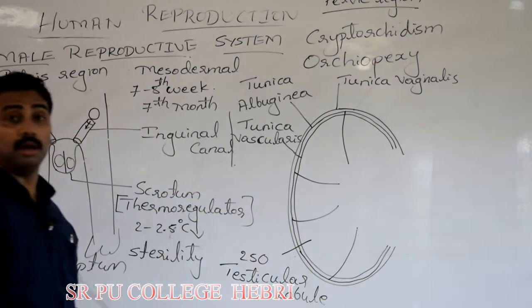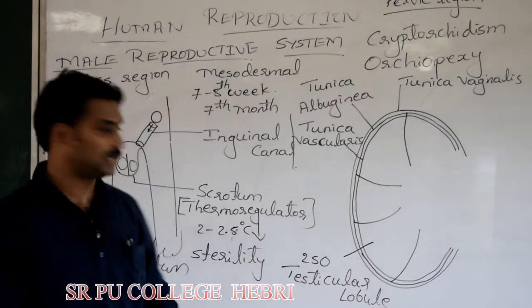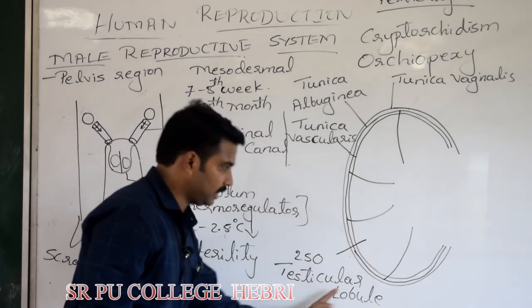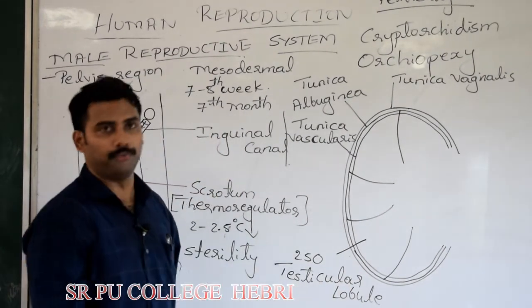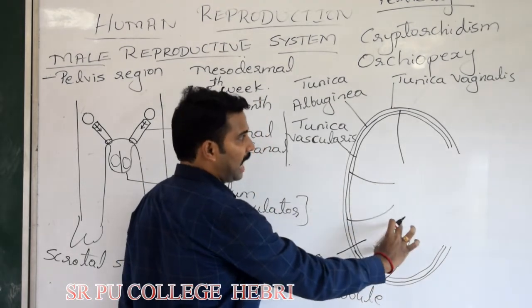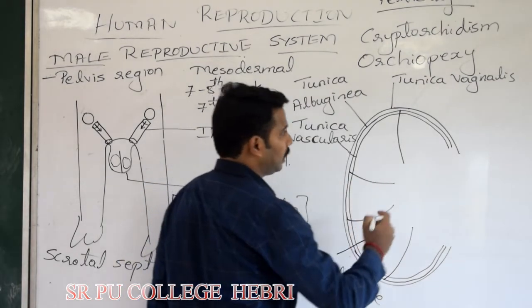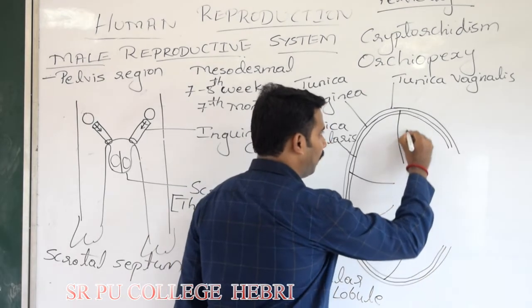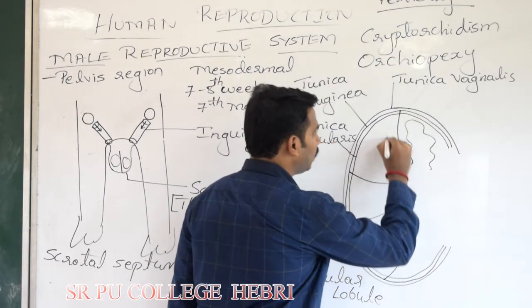What will you call the compartments of testis? Testicular lobule. How many? 250.